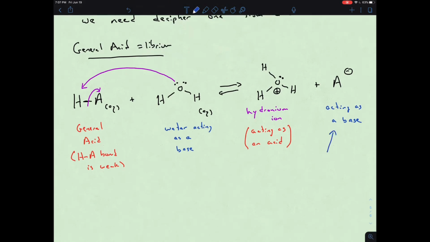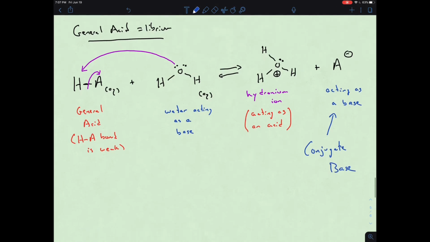This is known as a conjugate base. That means on the other side, our general acid is actually a parent acid. And so we have this relationship between parent acid and conjugate base.